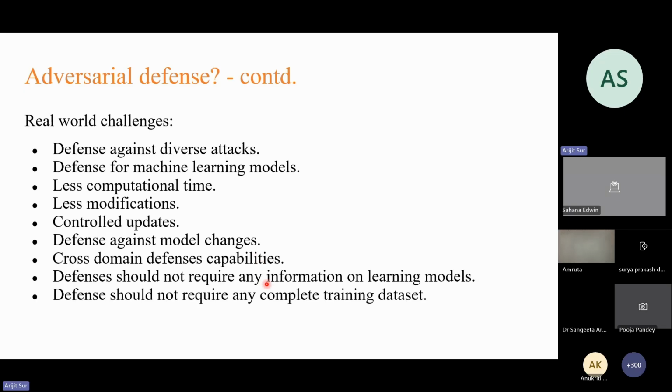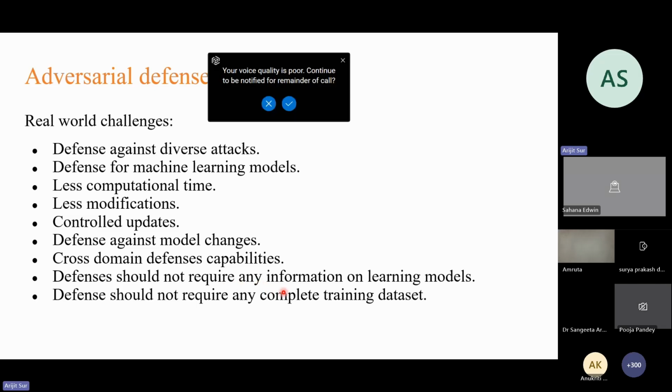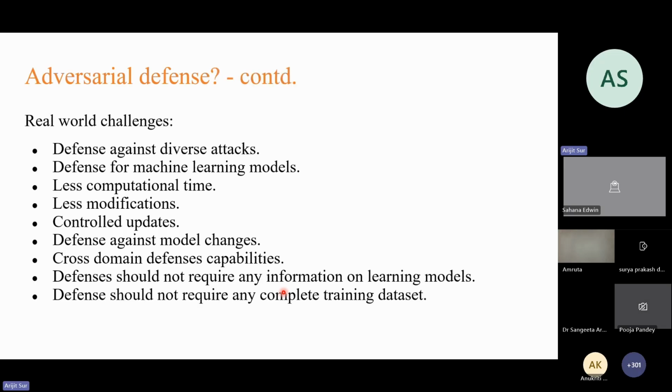Another two very important things: defense should not require any information on the learning model. This means a universal defense that does not require model information. This is much tougher.